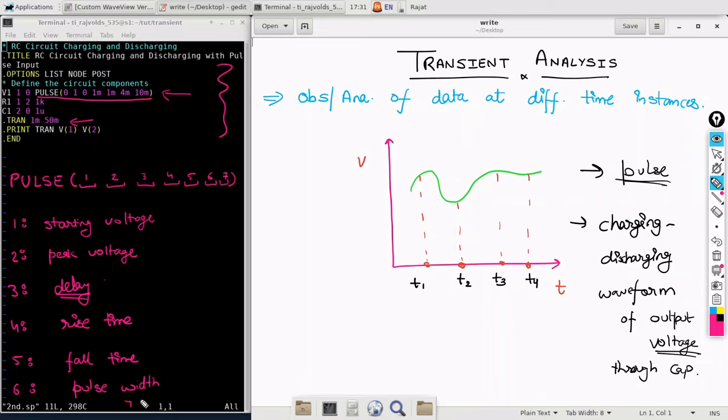At the seventh position, we have the period. The period of the pulse is the total time it takes to complete one whole cycle, going from the starting voltage to the peak voltage, and then again coming down to the starting voltage. So period can be explained like this. Suppose that this is the pulse.